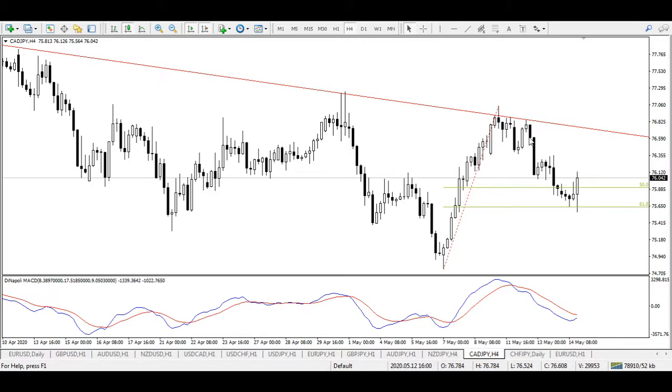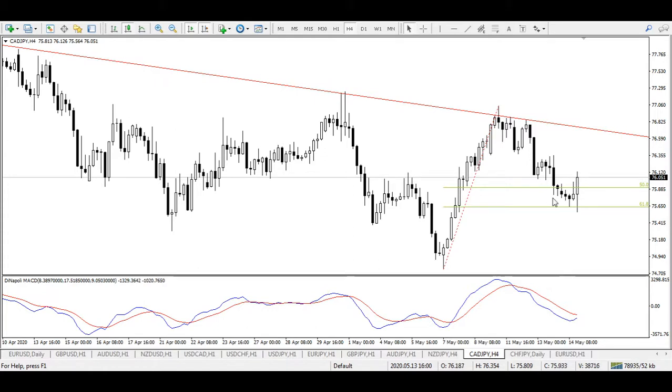Although it's not a US dollar pair, CAD is considered a risk currency, and the Japanese yen is considered a safe haven currency.